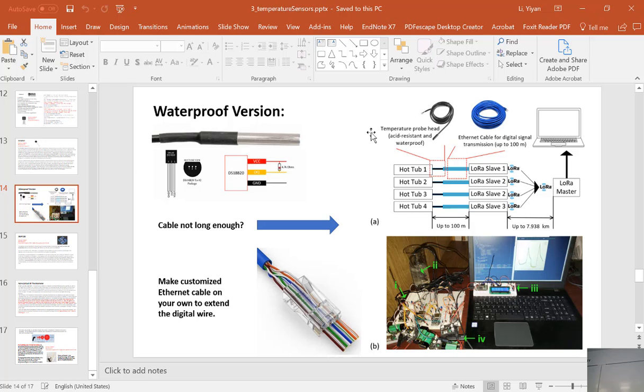I just bought a lot of these cables, and you can make the cable by yourself with a special tool. The longest distance I have tried is 100 meters. It can be even longer, but I didn't try it. But 100 meters, no problem at all. Very accurate data can be received at the other end of the cable.